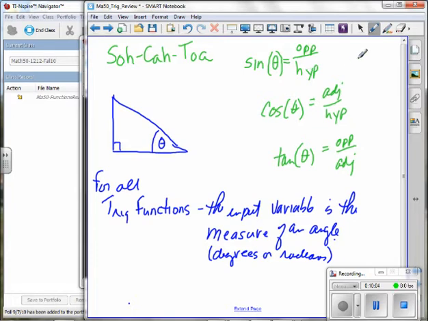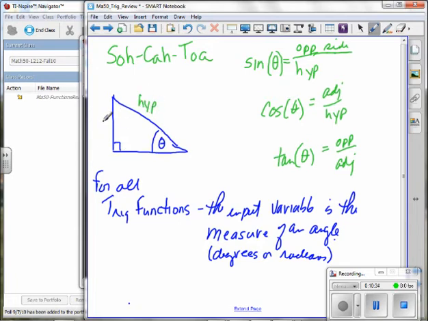opposite divided by hypotenuse. Opposite what? Opposite side, opposite the angle, and this is the hypotenuse, or the length of the side. So on the sine, this is our hypotenuse for everything.